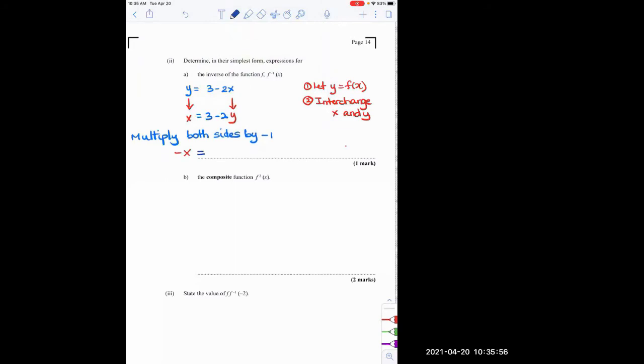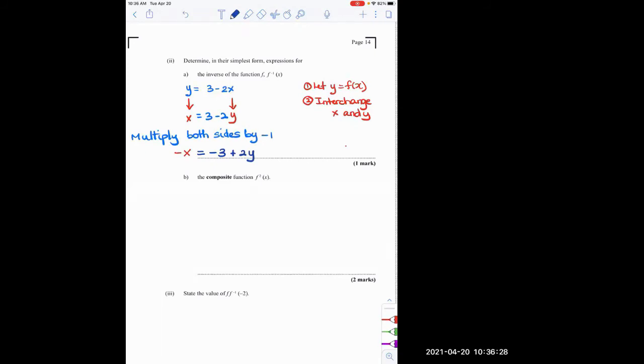On the right-hand side, what do you have? If you multiply 3 by -1, -3, miss. And if you multiply -1 by -2y, positive 2y. So the y is positive now, right?